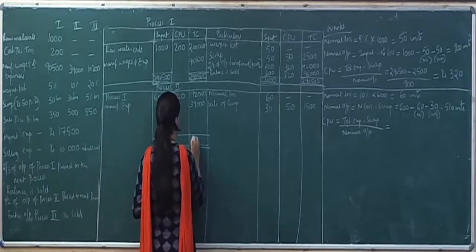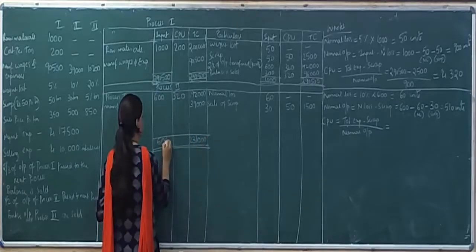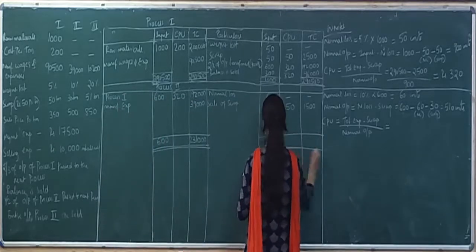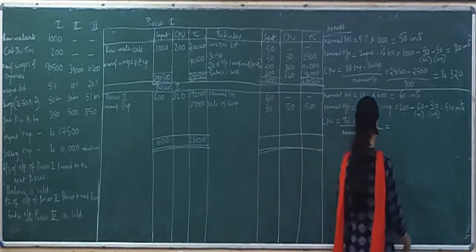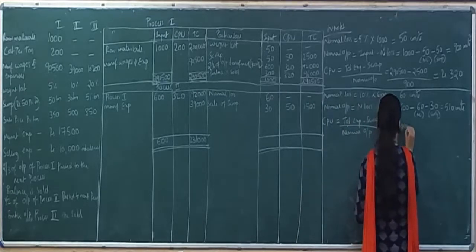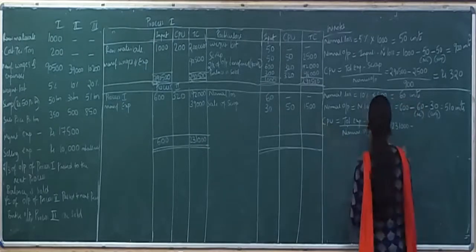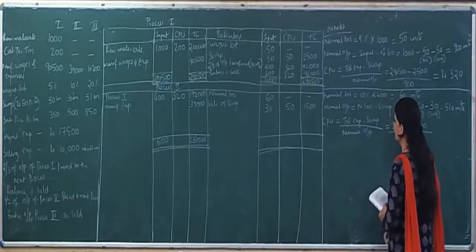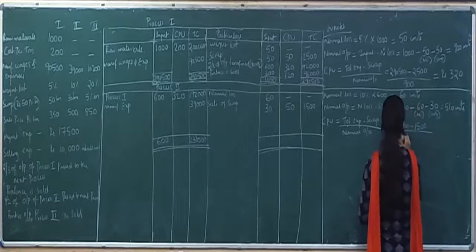Total expenses is 2,31,000. Scrap is 1,500, the value we have written, and the normal output is 510.